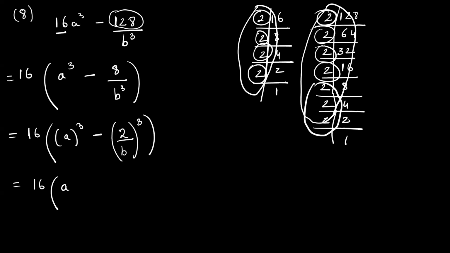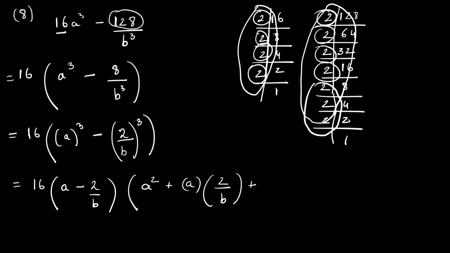A minus 2 upon B. Second bracket has A square plus A times 2 upon B plus 2 upon B the whole square. Okay. 16 as it is, A minus 2 upon B as it is.